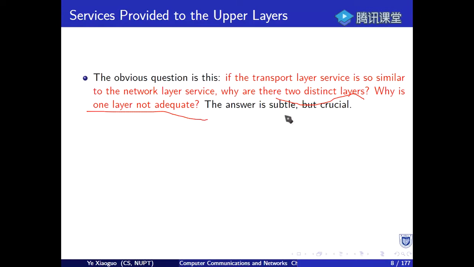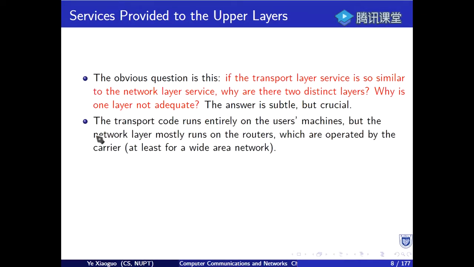The answer is subtle but crucial. The reason is that the transport code runs entirely on the user's machine, but the network layer mostly runs on the routers, which are operated by the carrier, the ISP, Internet Service Provider, at least for a wide area network or the Internet.